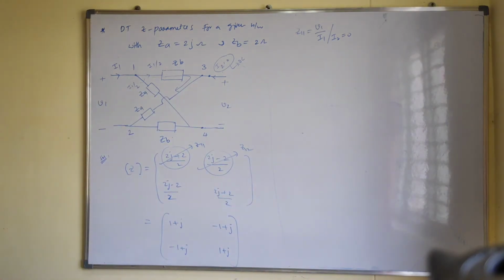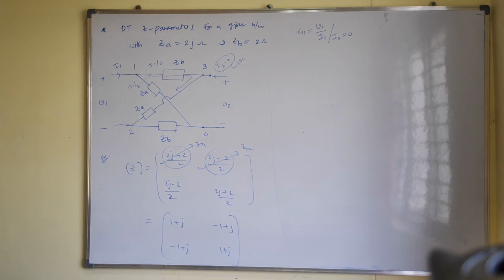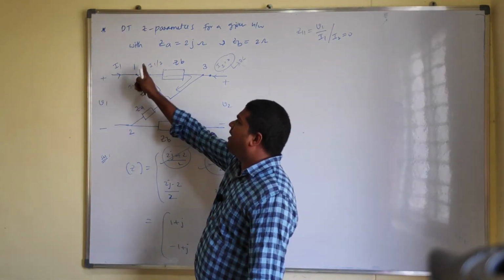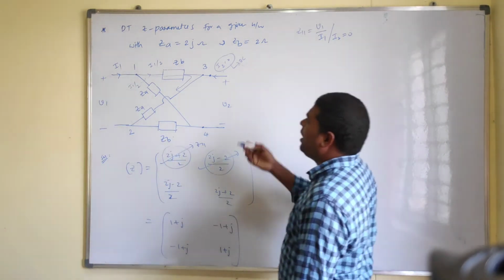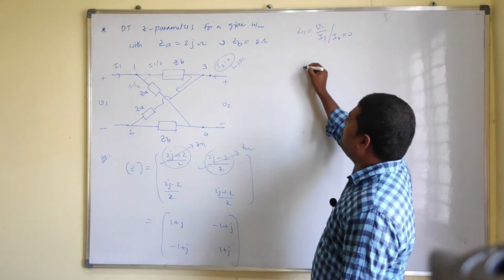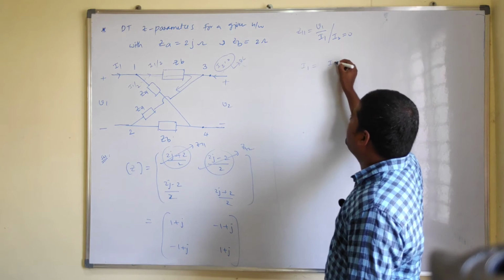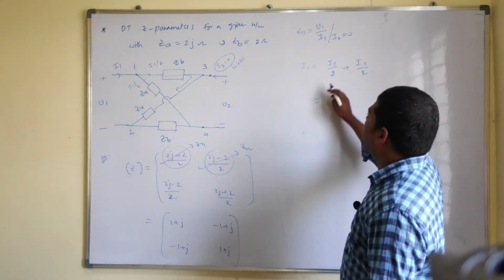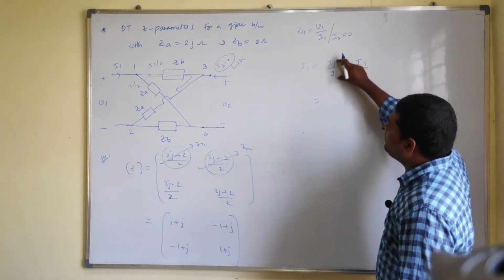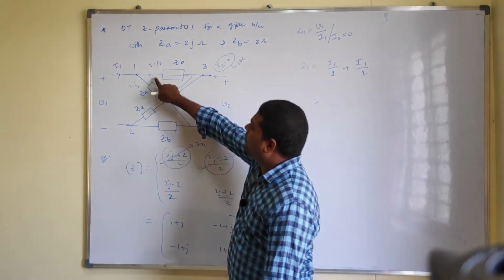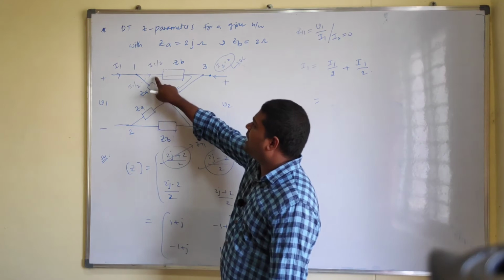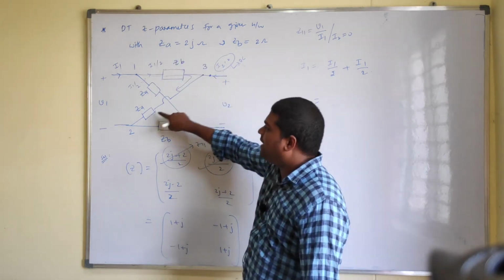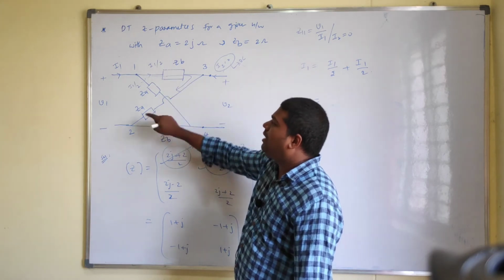Okay, listen. Here this I1 current is divided into two equal parts, I1 by 2 and I1 by 2. So now I1 equals I1 by 2 plus I1 by 2. For this branch, this I1 by 2 equals the voltage drop across this entire branch by the total impedance.